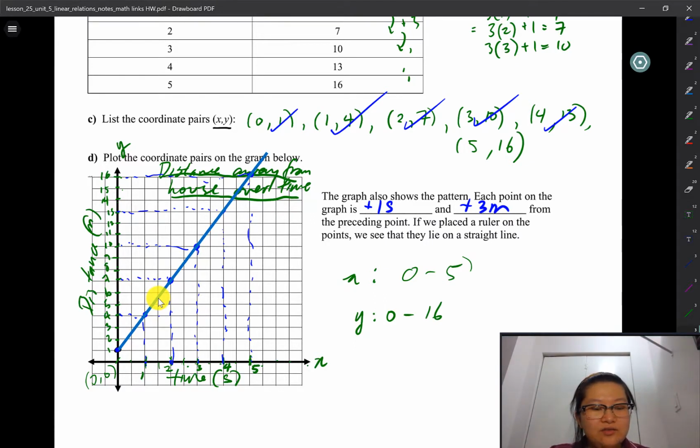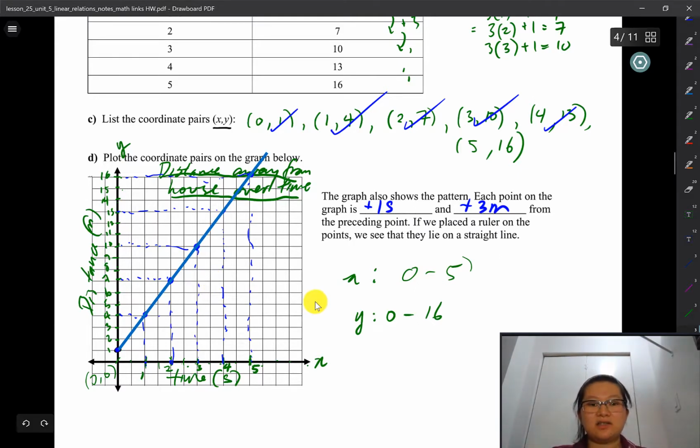So if I try to find where I was after 1.5 seconds, I could technically look at this graph and make a judgment call that it's roughly between 5 and 6 meters away from my house. So time continues to move between each dot. It just means this is a continuous graph, and as time progresses, I'm continuously moving away from my house. So that is why we can draw a line.